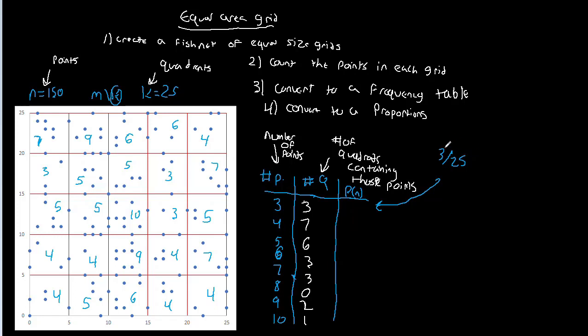This is the proportion of quadrats that have 3 points in them. If we do that math, we get approximately 0.12. We would then do the exact same thing here. So this would be 7 over 25, which is going to give us 0.28. 6 over 25, which is going to give us 0.24, and so on.